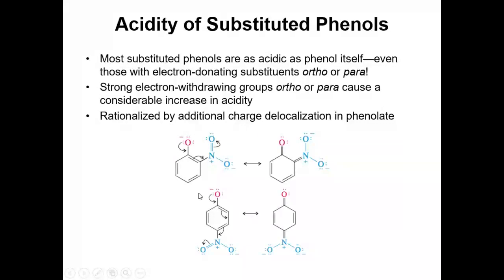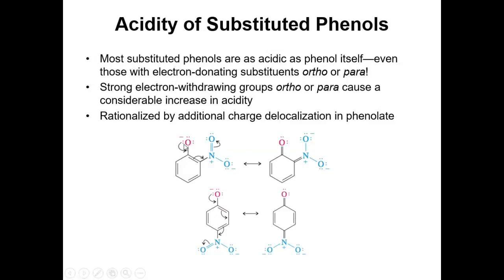If we look at the electron distribution in the 2-nitrophenoxide ion, the conjugate base of 2-nitrophenol, there's one very unique resonance form.